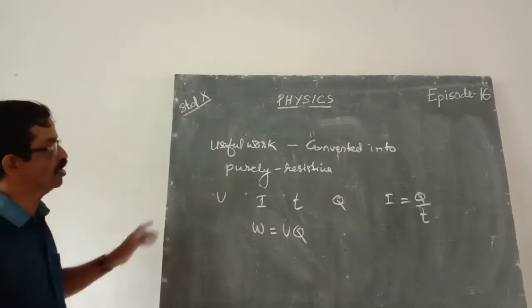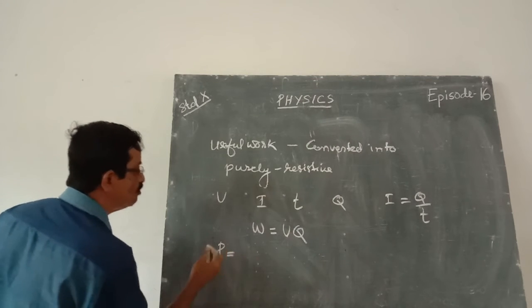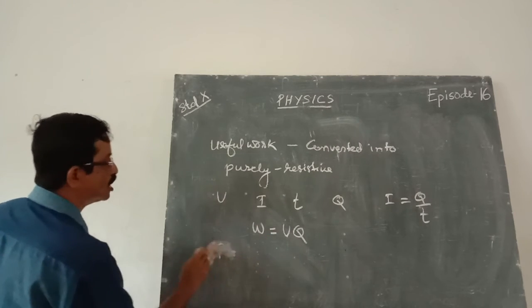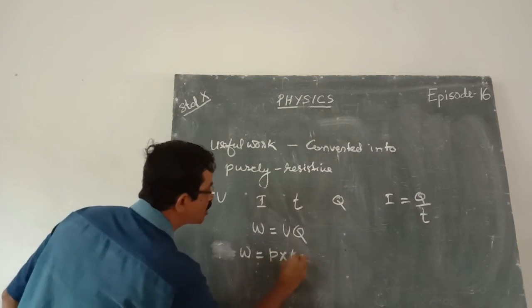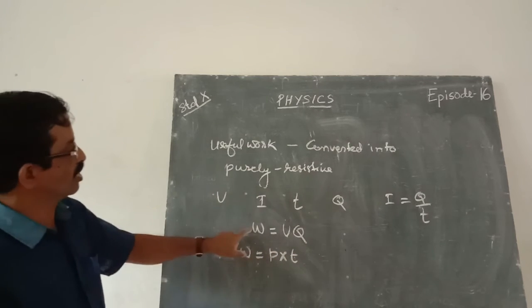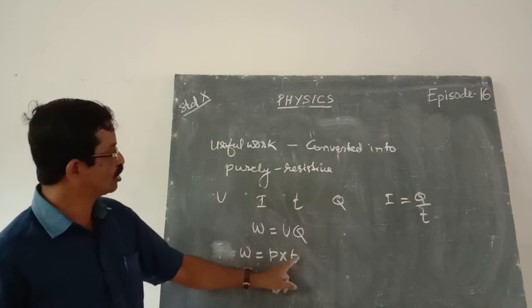So the electric power in the circuit P is such that the work done W is also equal to P into T.